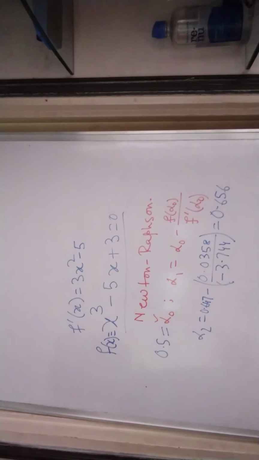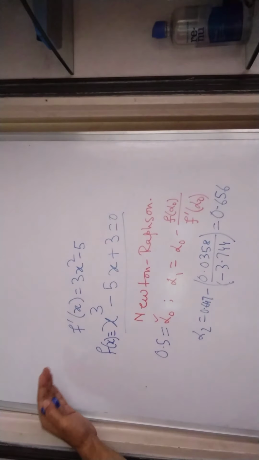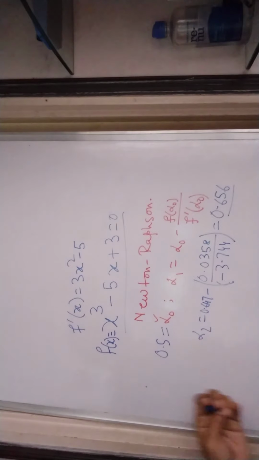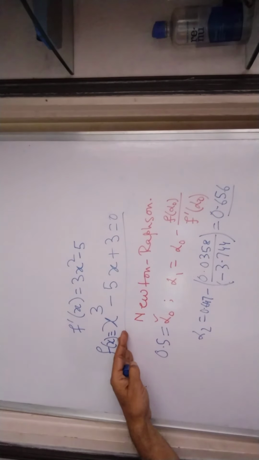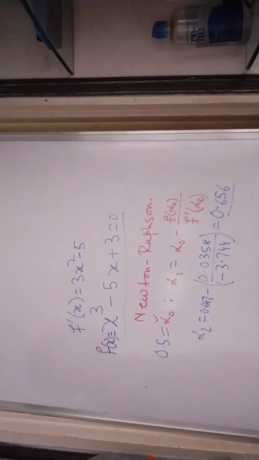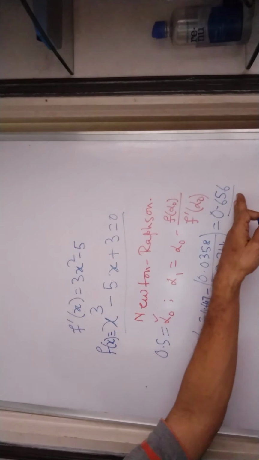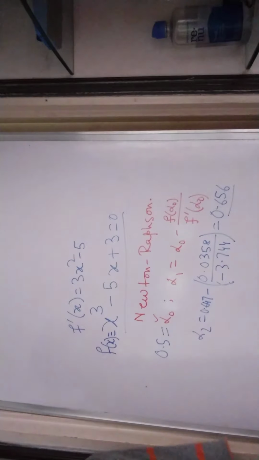And if you calculate, it gives the value 0.656. And if you remember, in the bisection method, we saw that 0.656 is the root of this equation up to 2 decimal places, because f of 0.656 comes out to be 0.001.